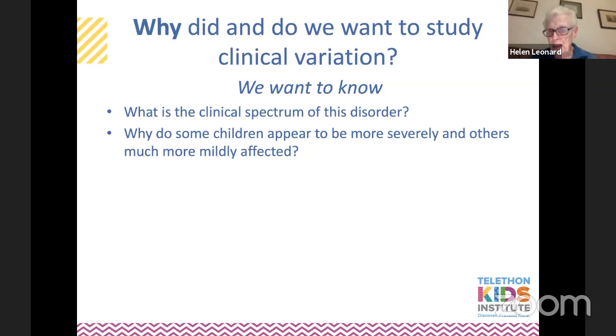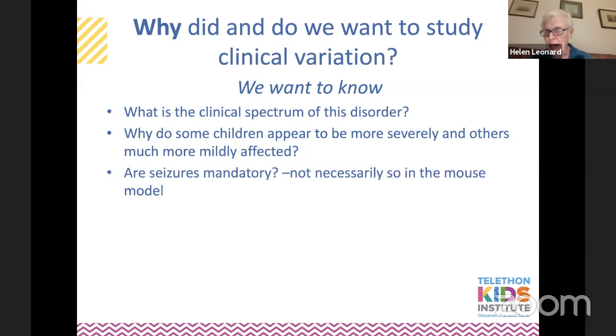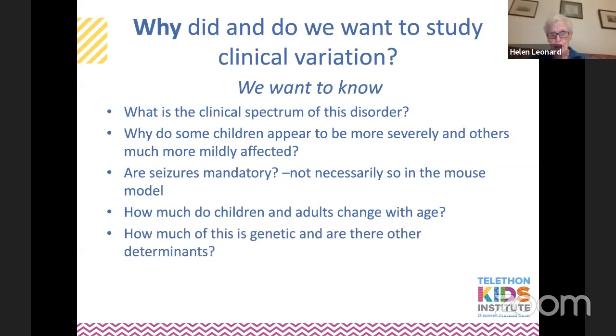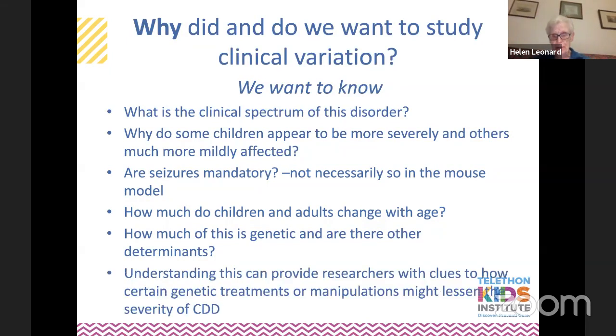Why do some children appear to be more severely and others much more mildly affected? Are seizures mandatory? Do children with CDKL5 have to have seizures? And how much do children and adults change with age? And how much of this variation is genetic? And are there other determinants?